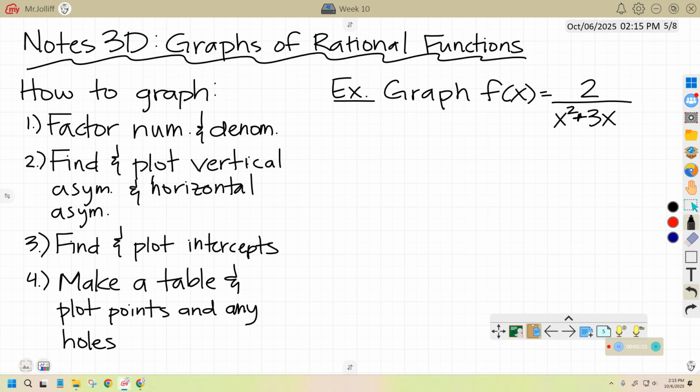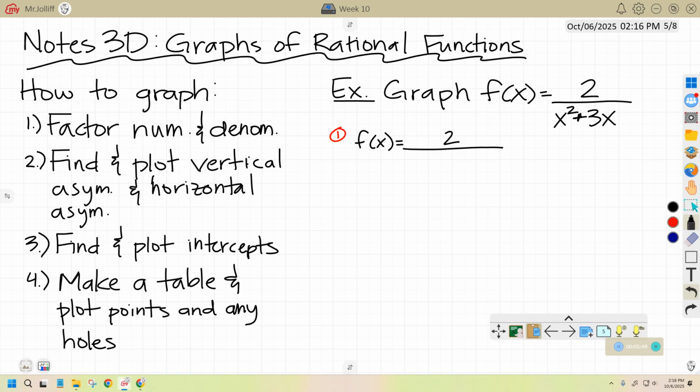All right, I'm going to follow the directions we just wrote on the board together. So first step is to factor. Check the numerator first. I can't factor 2. 2 is a number, a constant, he hangs out. Check the denominator. What can I do with the denominator?